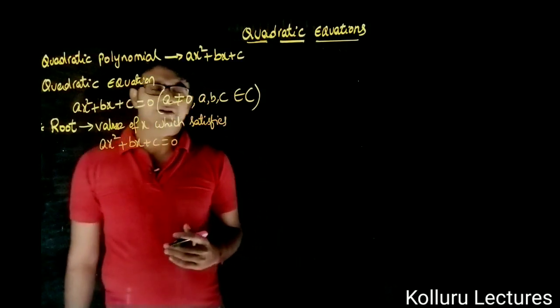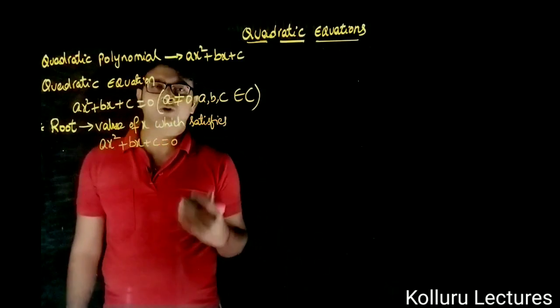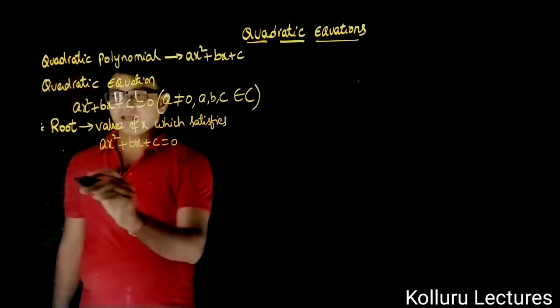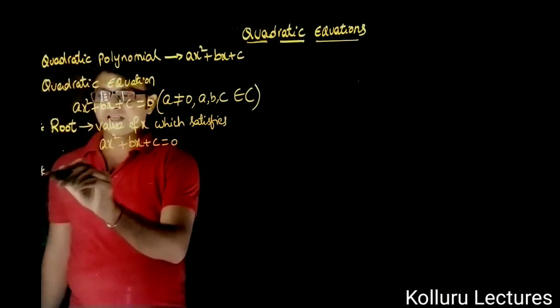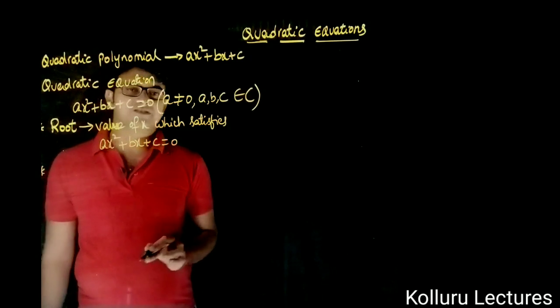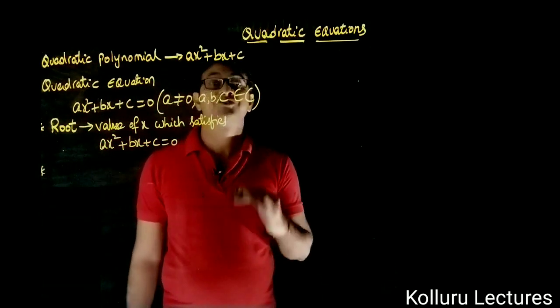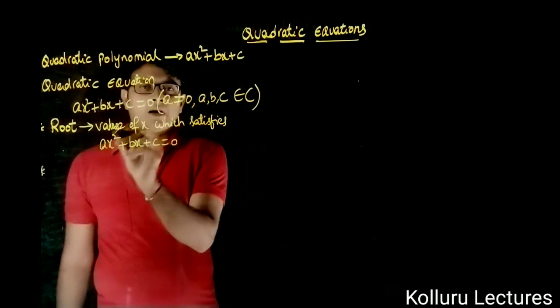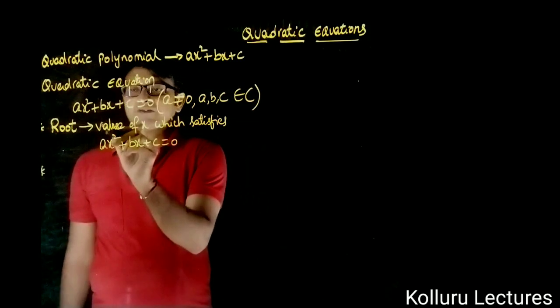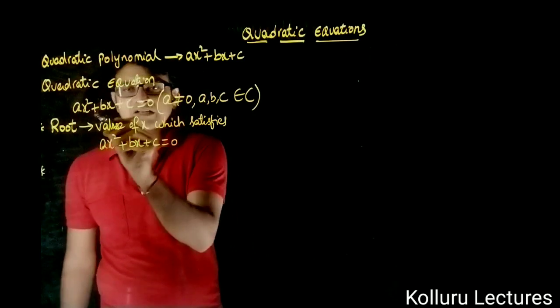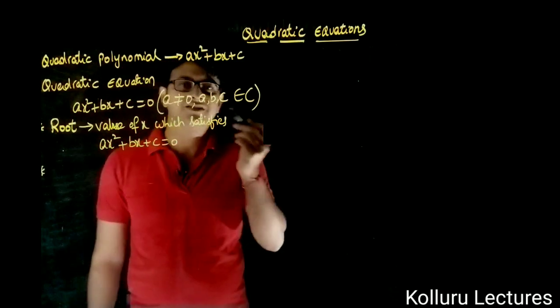How many roots does a quadratic equation have? The answer is very simple. In ax square plus bx plus c is equal to 0, the degree of the equation is 2, because the highest power of the terms involved in the equation is 2.